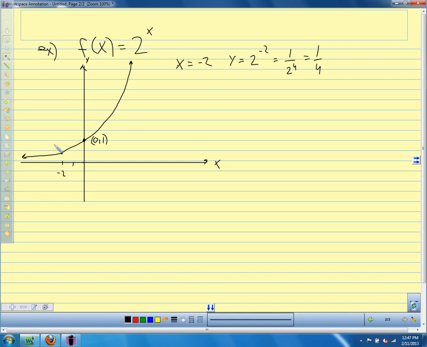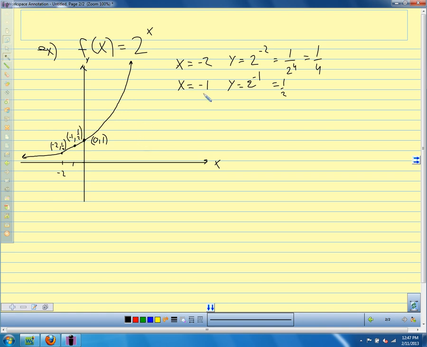So this would be (negative 2, 1/4). If x is negative 1, I'm just plotting some additional points, so y would be 2 to the negative 1, which is 1/2. So at negative 1, I'm up here at (negative 1, 1/2). So that would be an additional point.